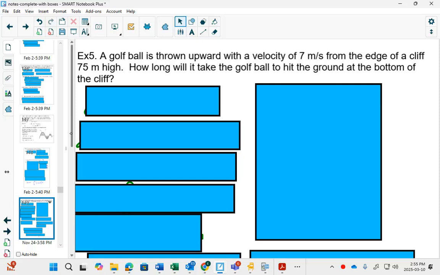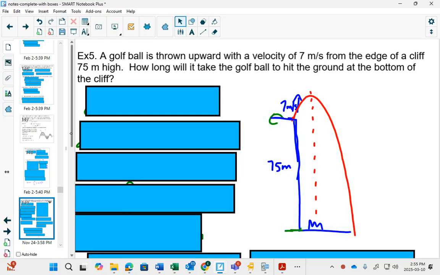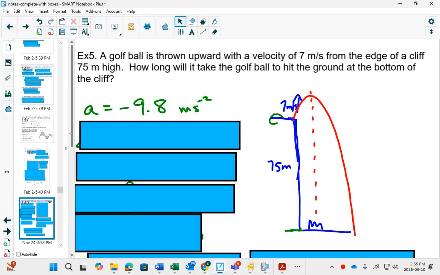So you have a bunch of physics formulas that you'd plug things into, solve for other stuff, and figure it out. What we're going to do now is think of this from a calculus perspective. So there's a cliff, the golf ball's thrown up in the air, and lands later on. What do we know? There's gravity involved, and gravity is constant.